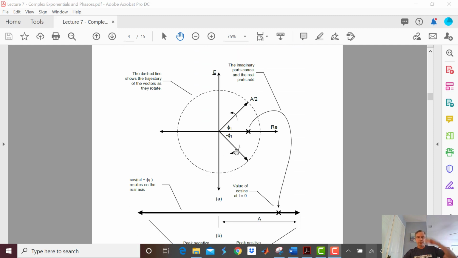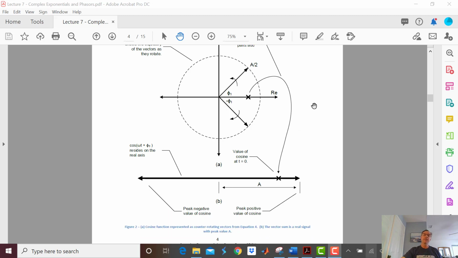Here's that second term. So what our equation is showing us is that I have one term whirling around this way and I have one term whirling around this way. But what you can see here is that the imaginary parts cancel at any time. See that? This vector has a real part and an imaginary part. This vector has the same real part, but the negative imaginary part. So the imaginary parts will always cancel.